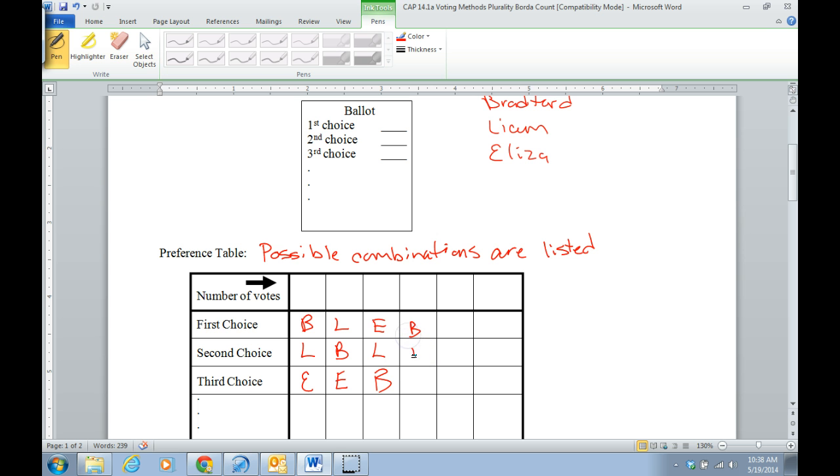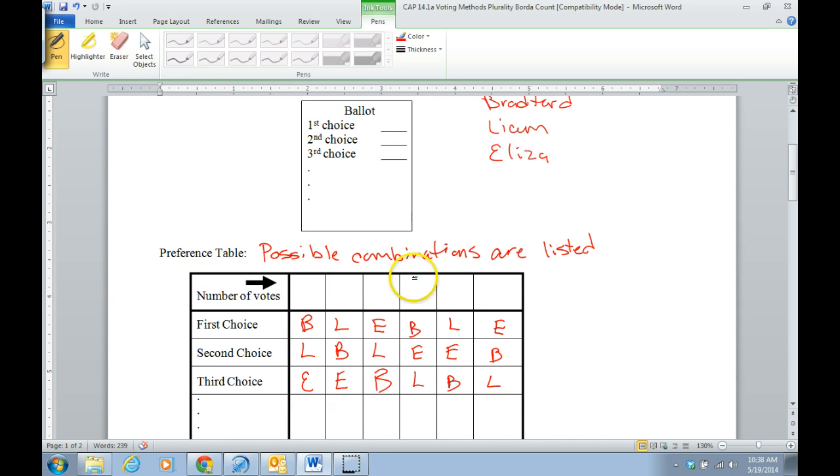Yep, we could do B-E-L, L-E-B, and E-B-L, right? So there's 6 different possible combinations here.